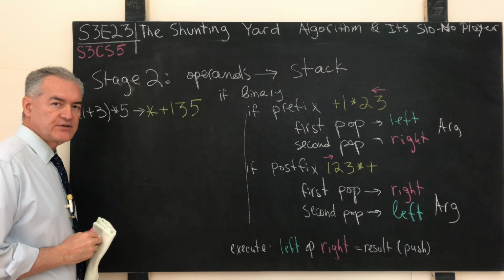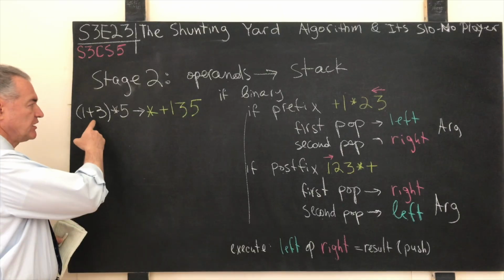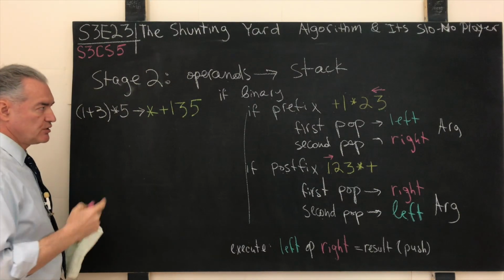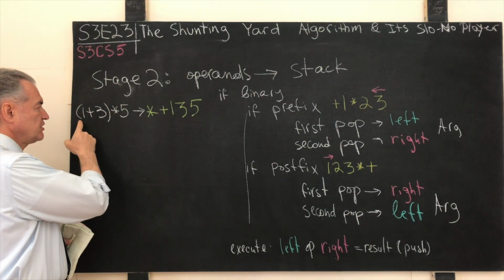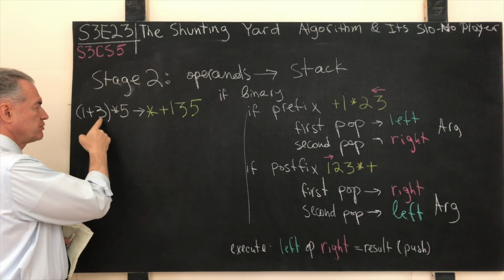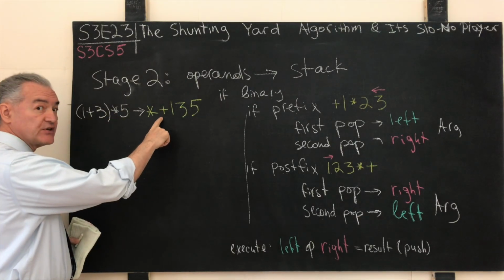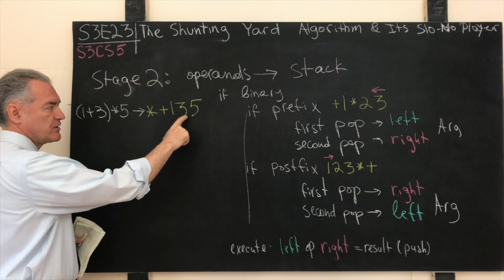Let us now carry out a sample computation for a given material in the infix form that is based on the prefix notation. We more or less understand how to produce this notation. So the expression in the infix form, parenthesized 1 plus 3 times 5, will be taken into the prefix notation that looks as follows: multiply, sum, 1, 3, 5.